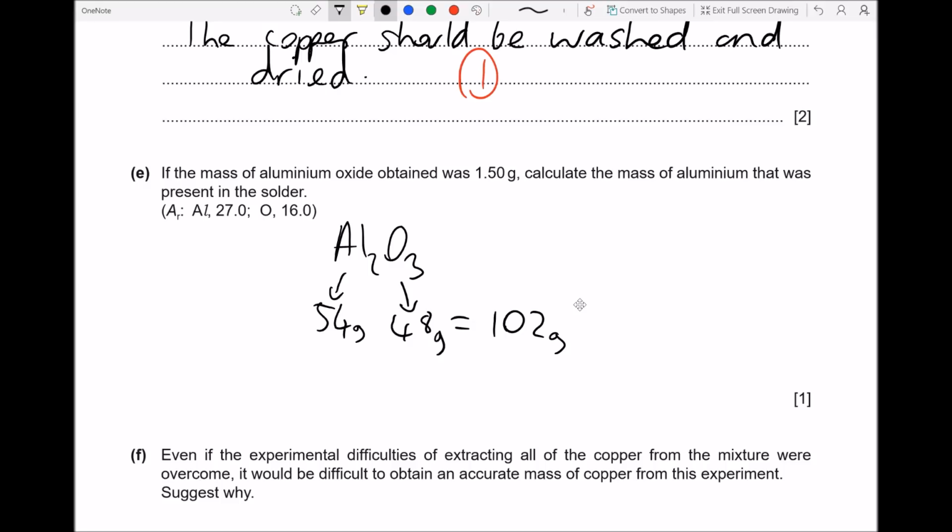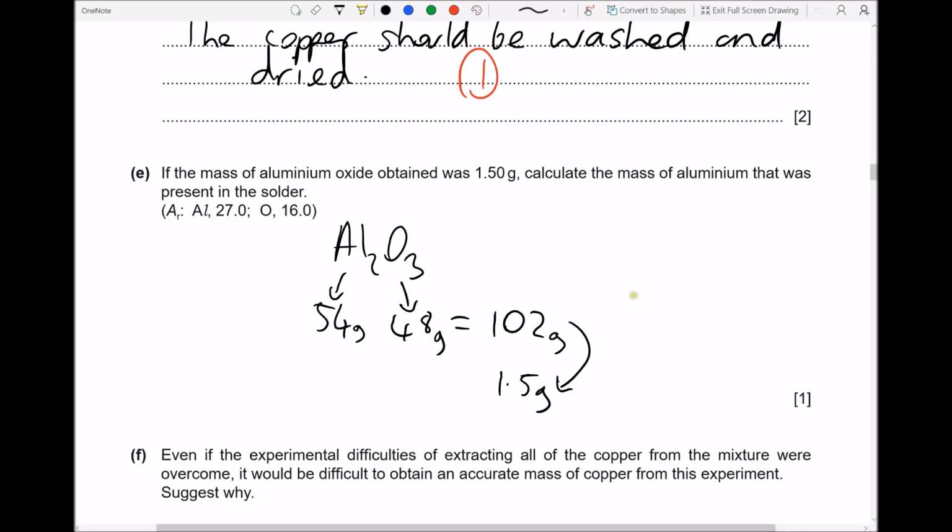Now, we don't want to know what 102 grams is, we want to know what 1.5 grams of the aluminium oxide is. So we're going to put 1.5 grams there. Now, what we need to do is work out what we need to do to get from here to here. So we're obviously going to have to divide this, and you can put this in your calculator and it should come out with the multiplier.